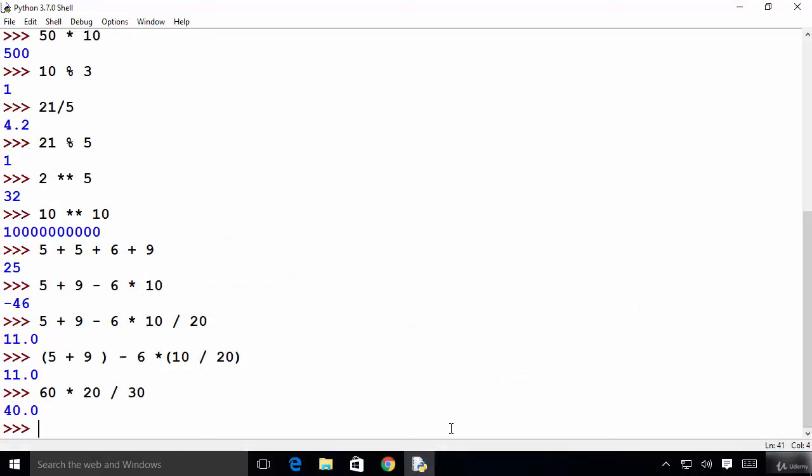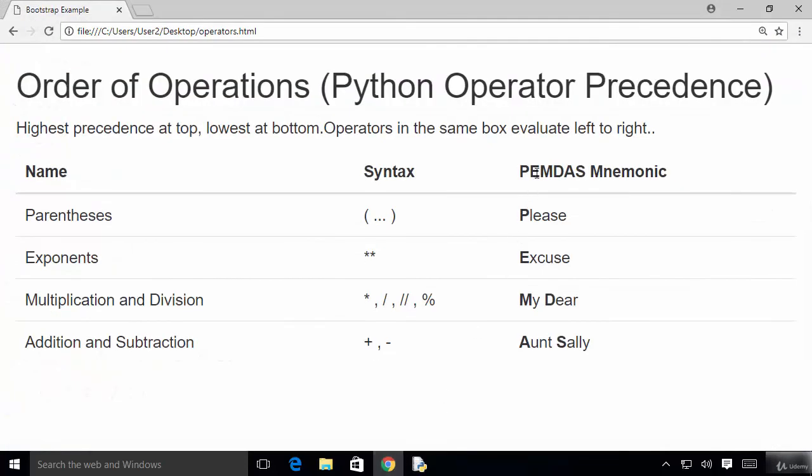Now if you want to learn the order of precedence between the operators, then you can use this keyword, which is PEMDAS. P stands for parentheses, E stands for exponents, M stands for multiplication, D stands for division, A stands for addition, and S stands for subtraction. Okay, so you can either remember this name, which is PEMDAS, or you can use this sentence which I have written here: Please Excuse My Dear Aunt Sally.